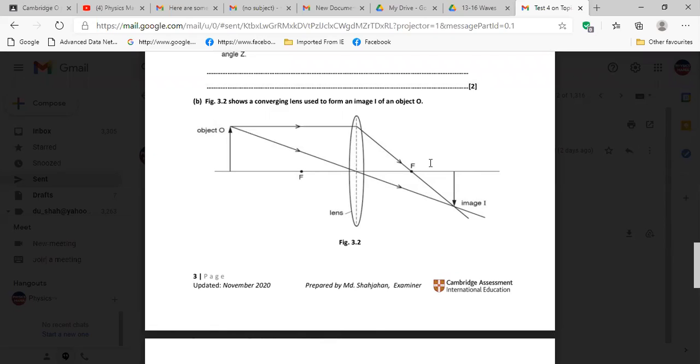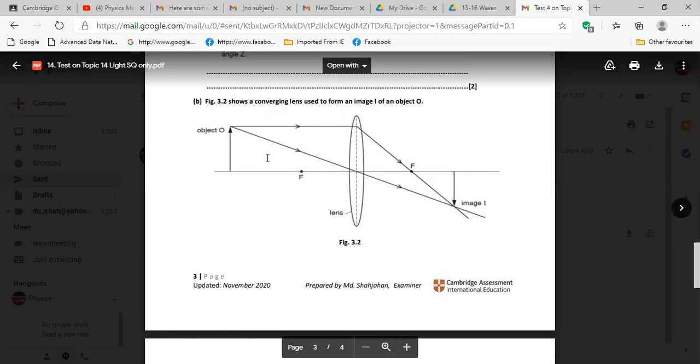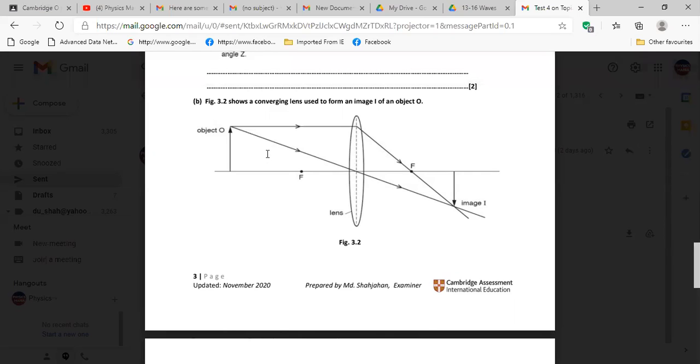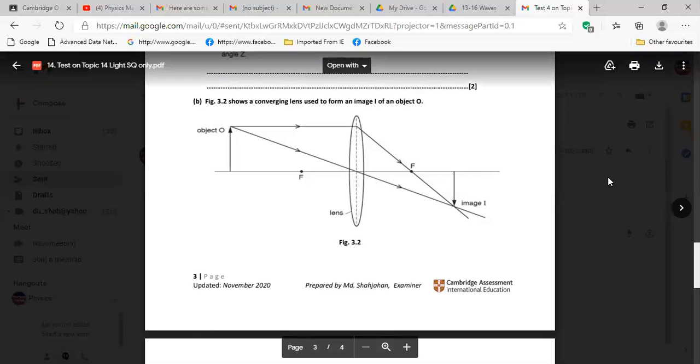Isn't it, Mahi? Yes, sir. And Monica? So in this diagram, the image you are getting, this is also real because it is produced on the other side of the object. When it is real, always it is producing other side of the object. Is it clear?